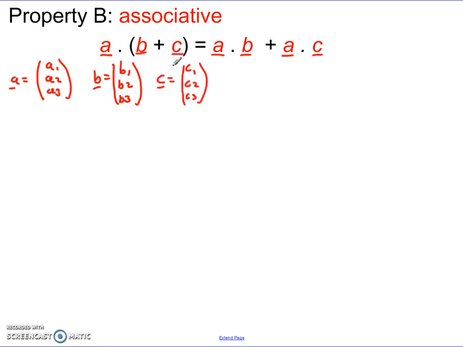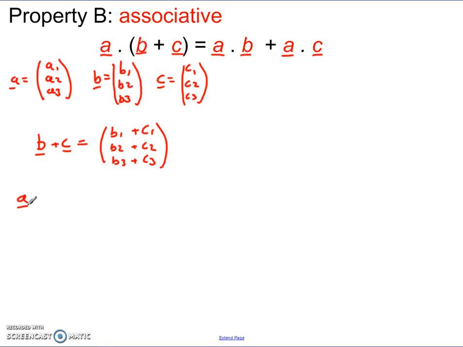So in order to prove this, I'm going to start with what's in the bracket. Think of BODMAS, you start with what's in the bracket. So if I take B plus C, what I then get is adding the two vectors, I get B1 plus C1, B2 plus C2, and B3 plus C3. Now, what I'm able to do at this point is then take my dot product of that.